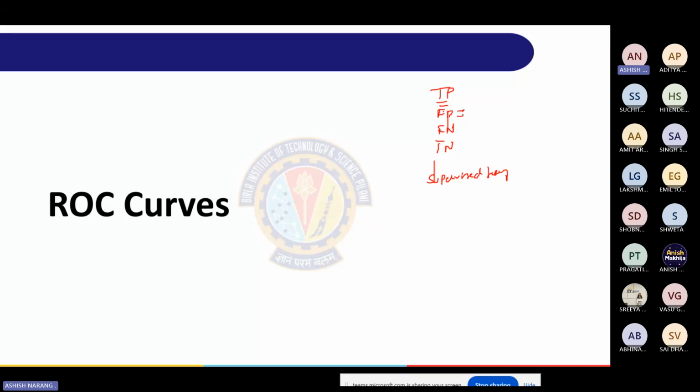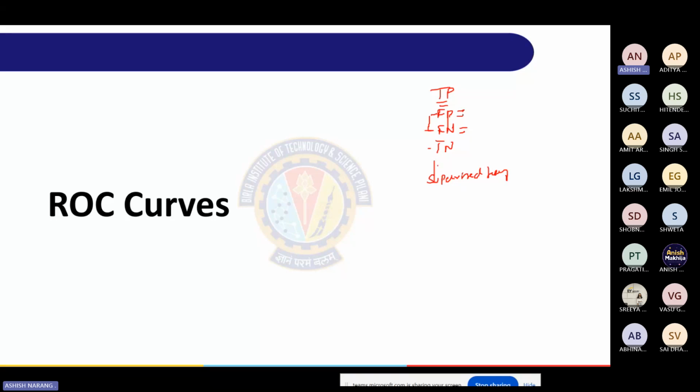False negative is falsely labeled as negative: they were actually positive, but the model labeled them as negative. So these are the wrong predictions. True negatives were actually negative, and the model also predicted negative. TP and TN are the correct predictions, while FP and FN are the wrong predictions. And on that basis, we talked about accuracy, precision, recall, sensitivity, and specificity in detail.